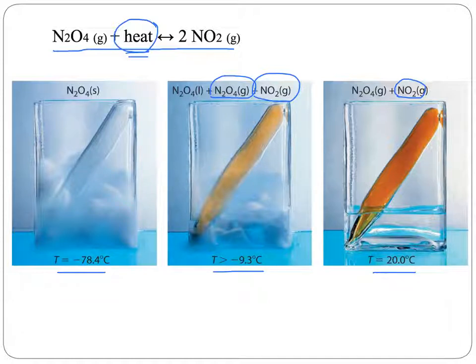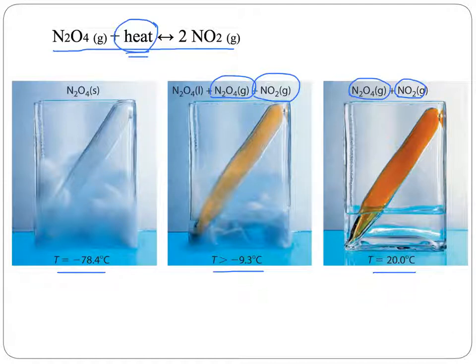Here on the far right, at the higher temperatures, we do have some of that dinitrogen tetraoxide gas because it is a situation at equilibrium, so you have both the forward and the reverse reaction happening. But the favored reaction is definitely the forward reaction at the higher temperatures, so that you could change the color of this tube based on how warm the environment is, and that's showing you which reaction is being favored by the temperature.